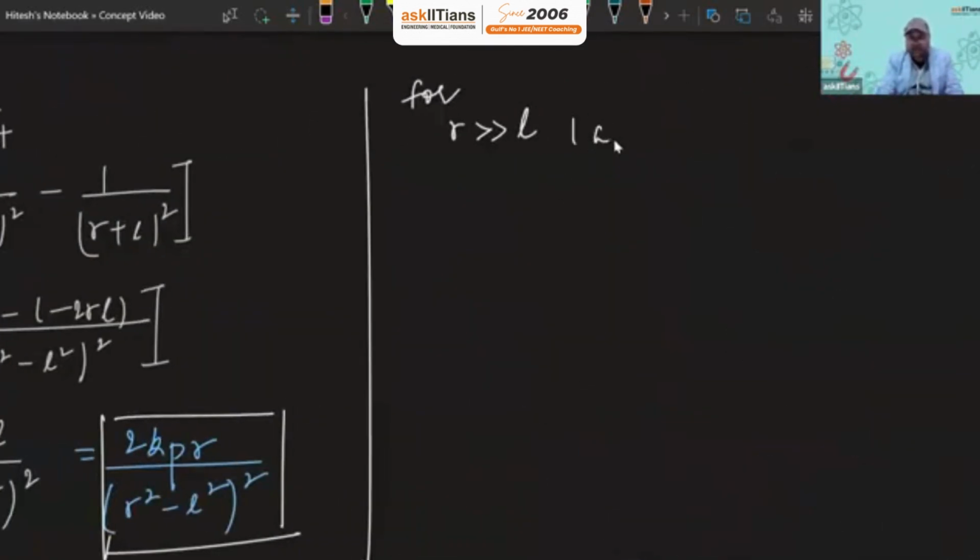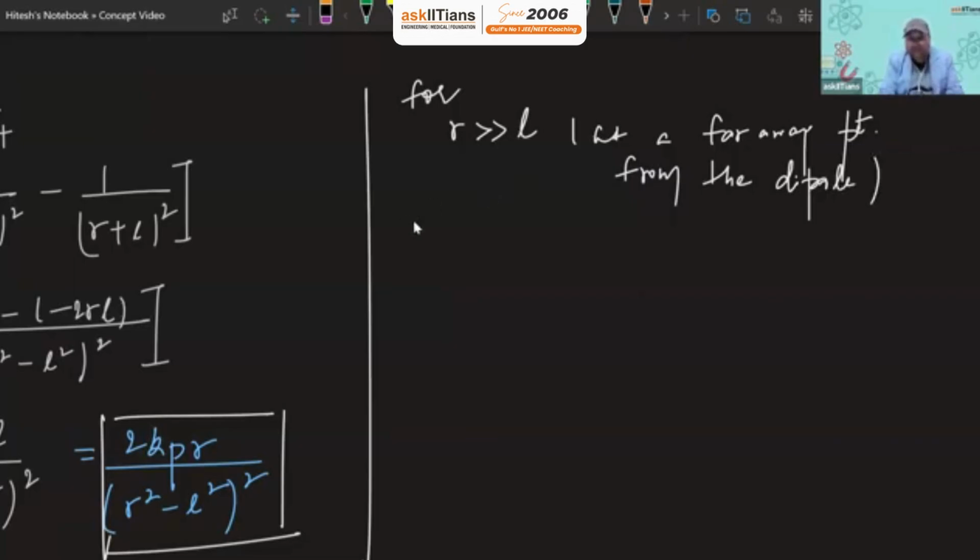So in that case, the dipole is considered as a short dipole, right? And it can be represented by an arrow.